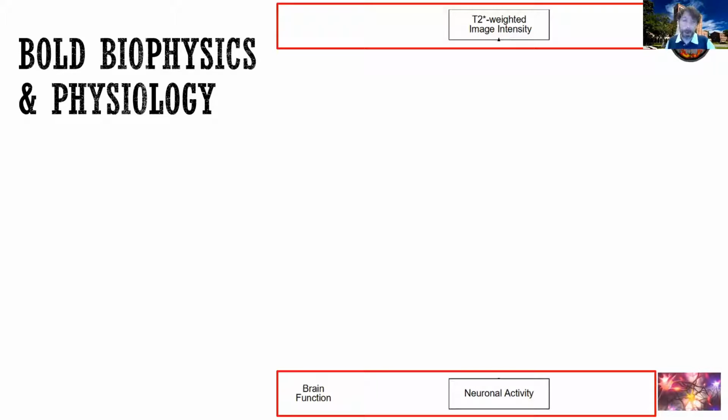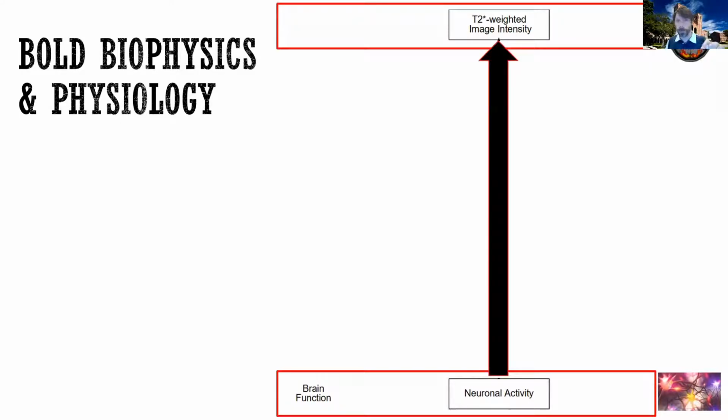So it's very important that we understand what is the link that unites the neuronal activity that we're trying to understand with the actual thing that we're measuring, which is nothing but the rate at which protons dephase with respect to each other. So T2 or T2 star relaxation.